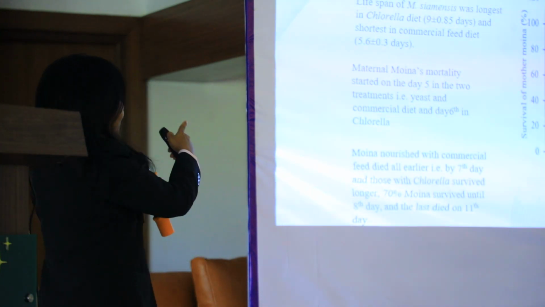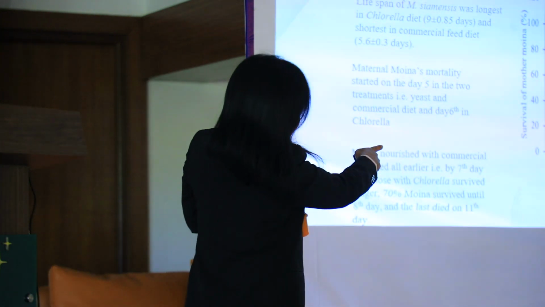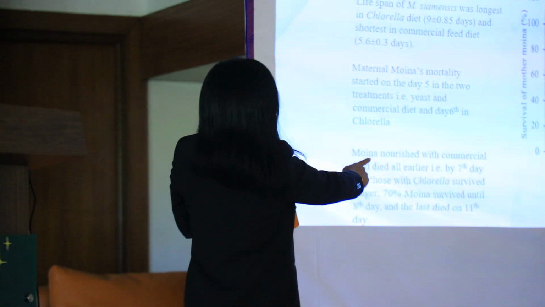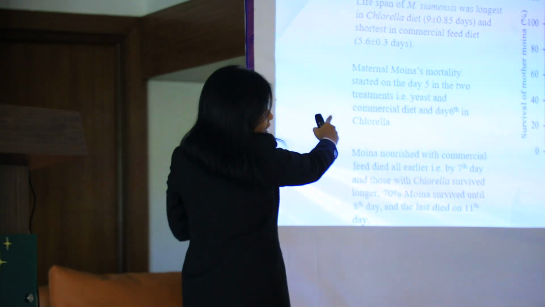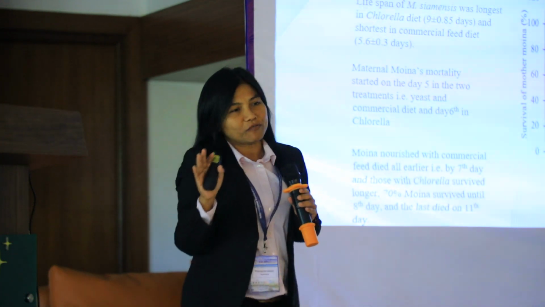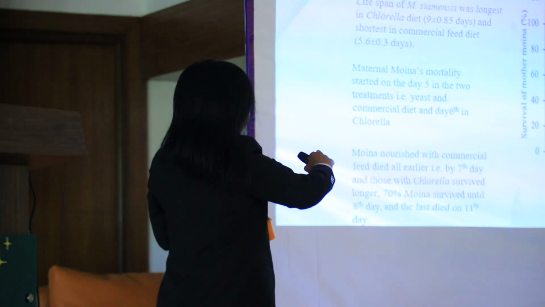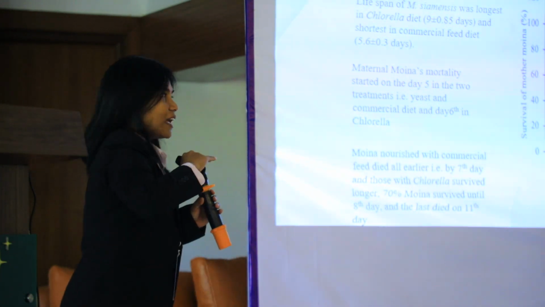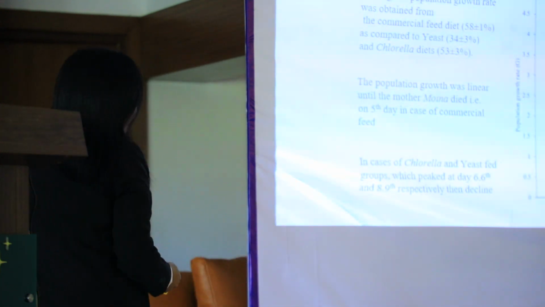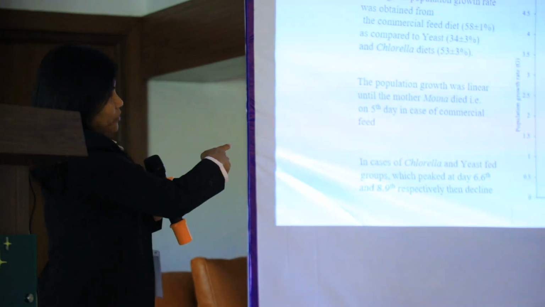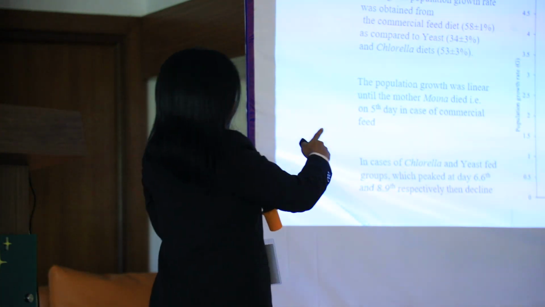Let's see this, the lifespan in the commercial feed averages only 5 days. The mommy will die. And in the chlorella, it stays longer, around 11 days. This is the population growth graph.